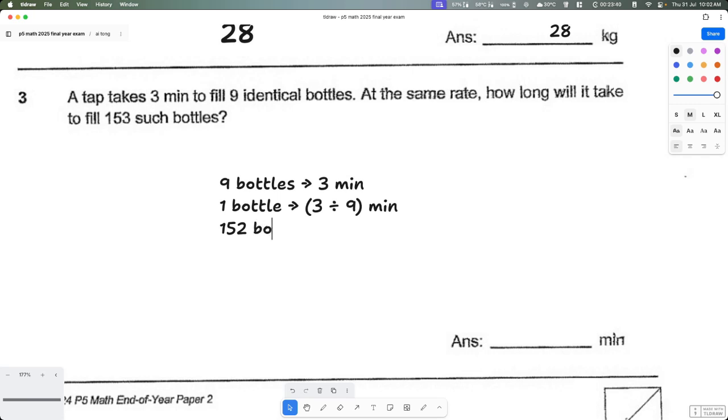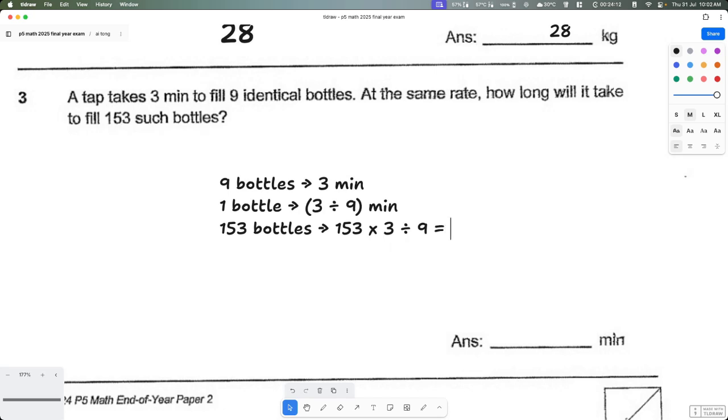So 153 bottles is equal to 153 times 3 divided by 9 minutes.